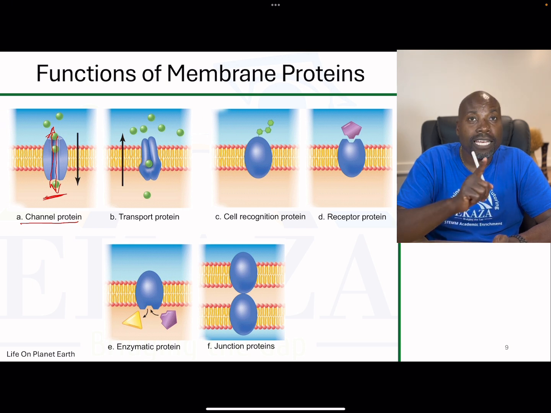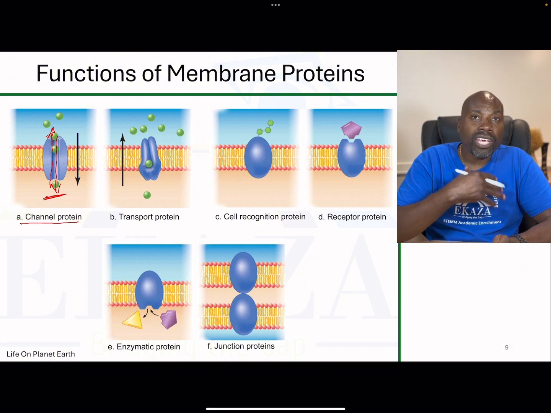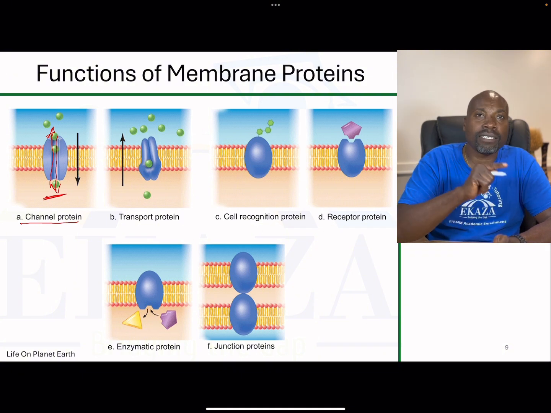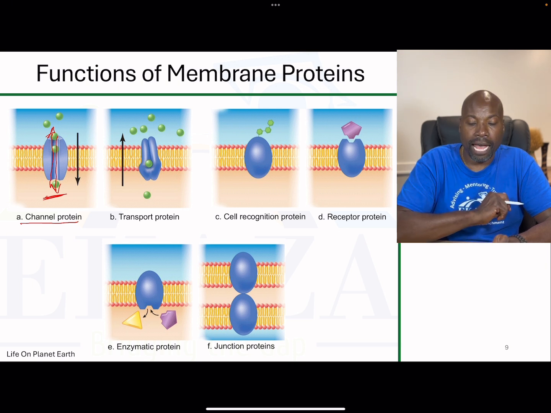In fact, a disease such as cystic fibrosis, which causes thick mucus in the airways, is caused by a defective channel. That defective channel is supposed to carry chloride ions across the plasma membrane. But let me close that parenthesis. Just know that a defective channel can cause health issues, including cystic fibrosis. I want you to remember that.